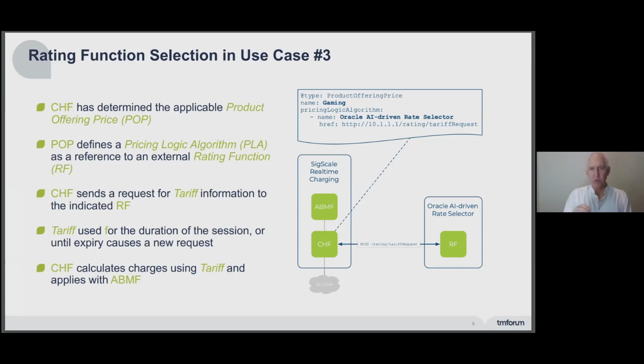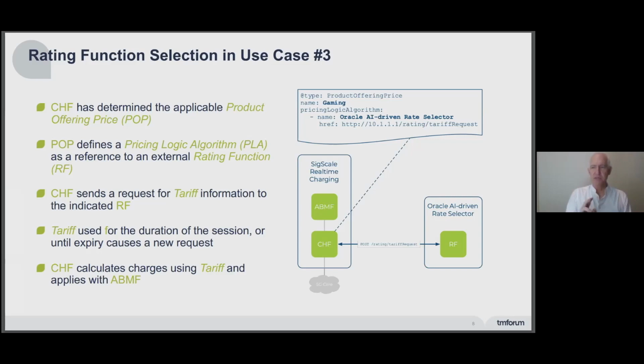And the CHF will now look at the pricing logic algorithm attribute of the product offer price, and it will see that there's an external rating function identified, and it provides where to find it in an href. And so the next thing that happens is that the CHF will send a tariff request to that rating function, or product rating component in ODA, and the result of which will be a tariff.